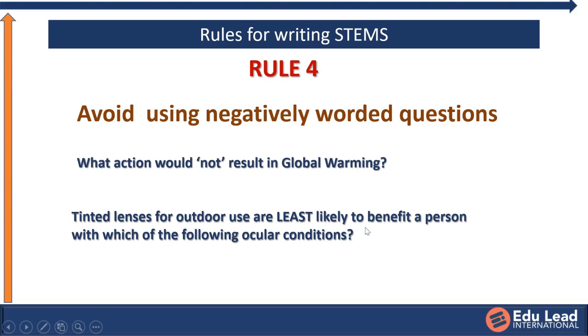Now you can see working through the language over here is a little difficult. Even if I have a good understanding of the ocular conditions, there may be chances of me going wrong just because I've not been able to work through the language. So therefore, it's better to avoid questions which have negative orientation, or if you have to actually put it, then try to put it in bold.